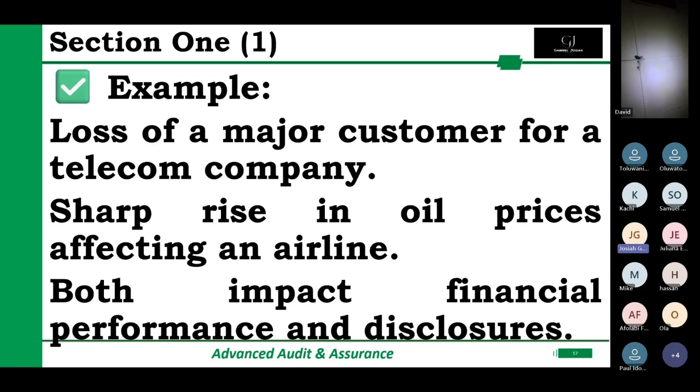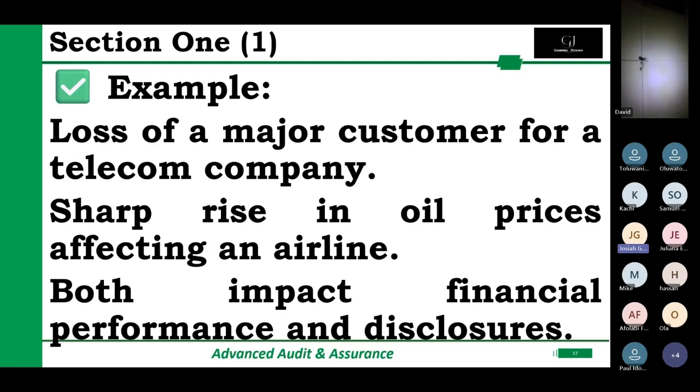Another example is a sharp rise in oil prices affecting an airline. There was a time we had issues with rising prices of aviation fuel, and you could see the soaring prices of tickets going up.